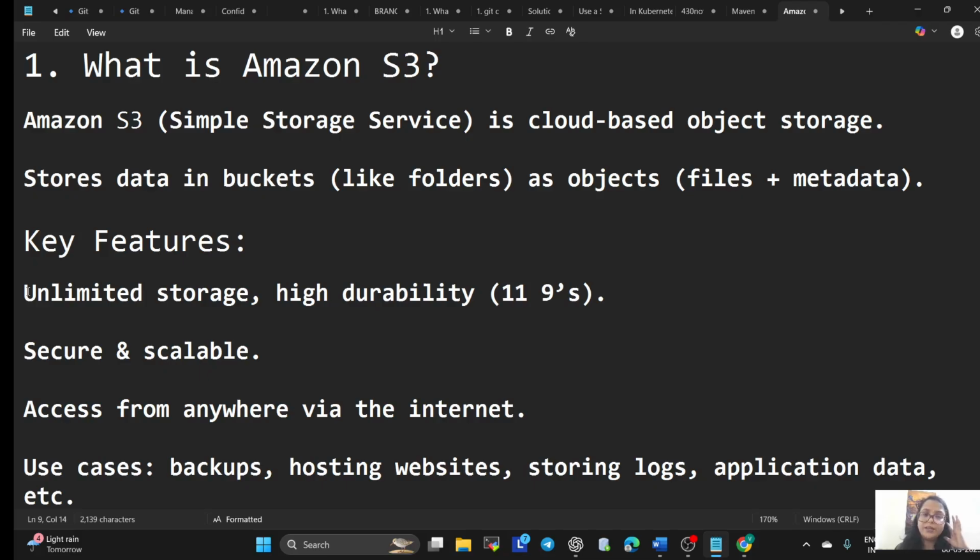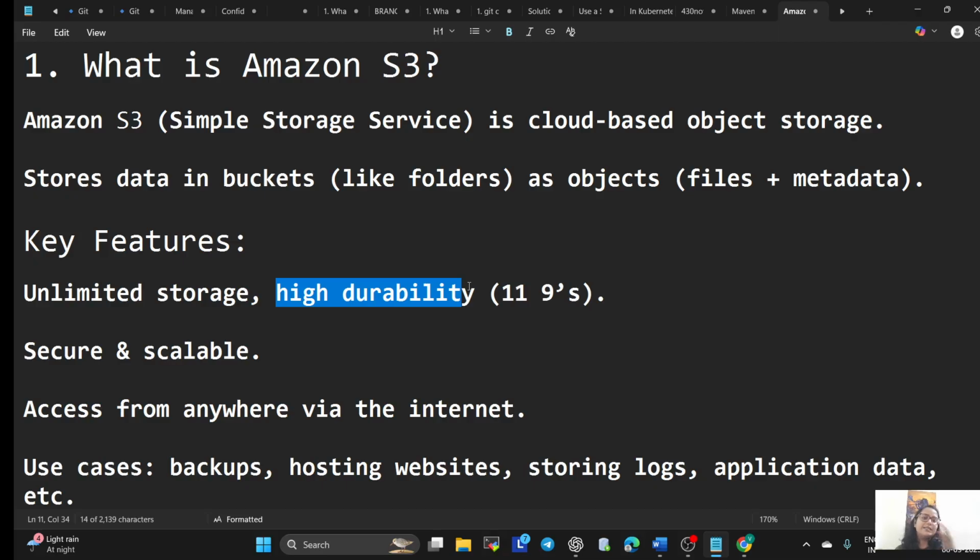So at that time, our server will crash. To avoid this, S3 told, no, if a certain load increases, I will increase your storage, so your server will be secure.